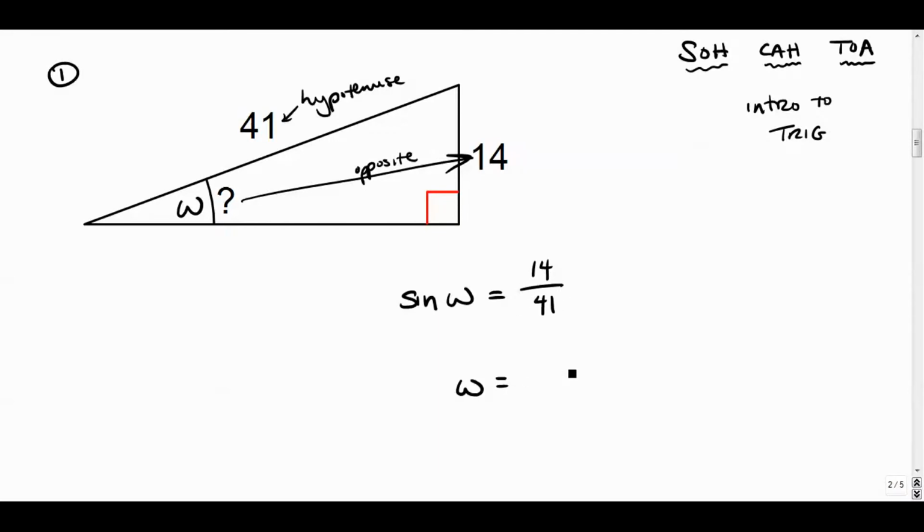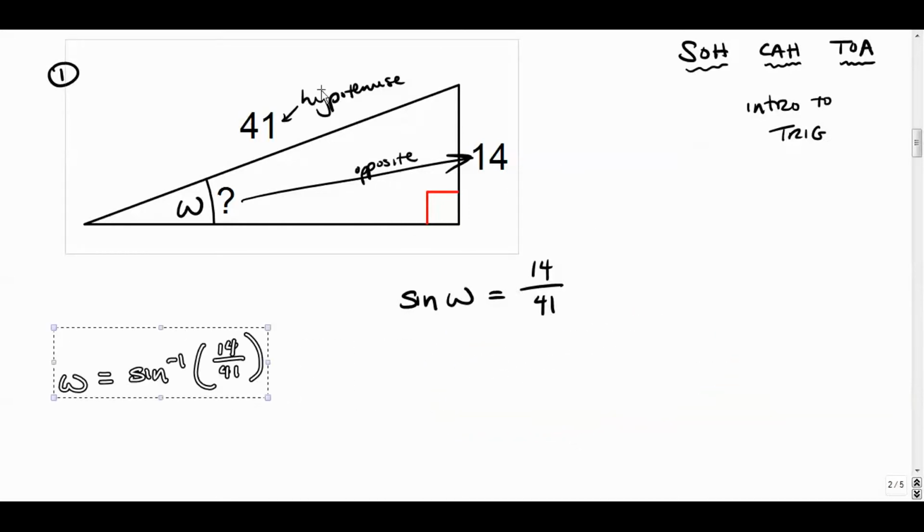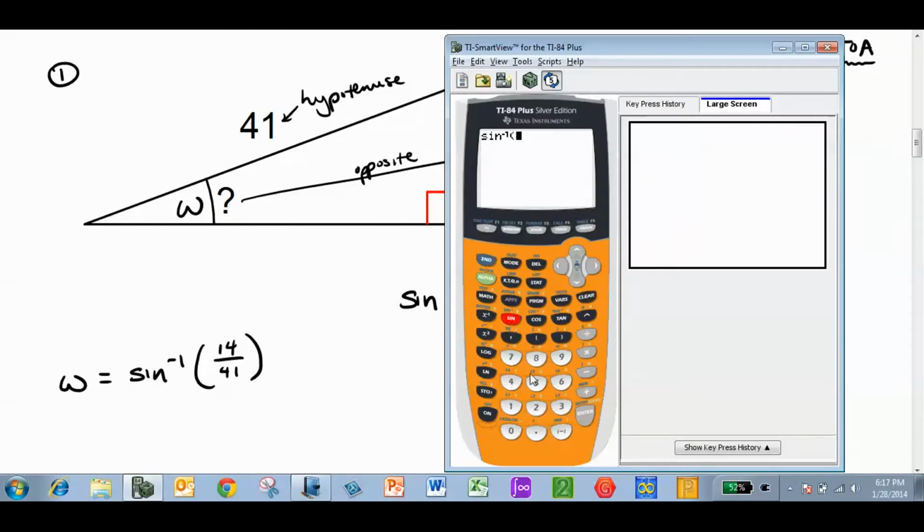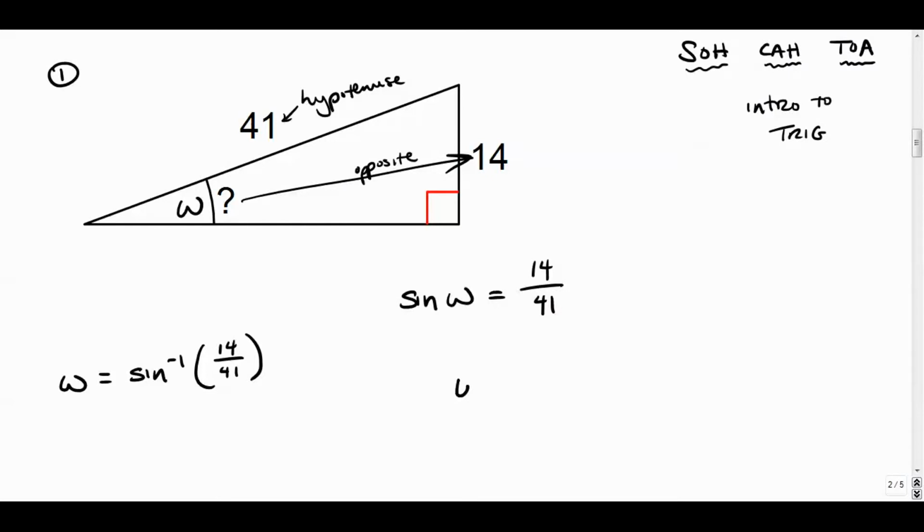Keep the angle where it is. Move the sine over, make it an inverse, and we'll hit our calculators. Second sine, 14 divided by 41, and then press enter. I get 19.966. So W is 19.966 degrees.